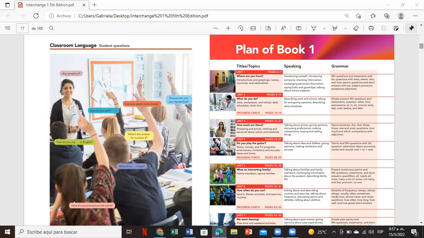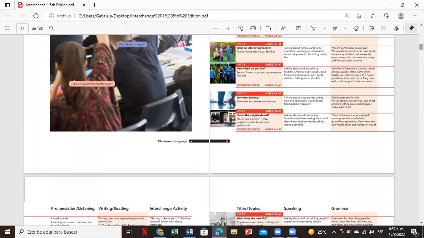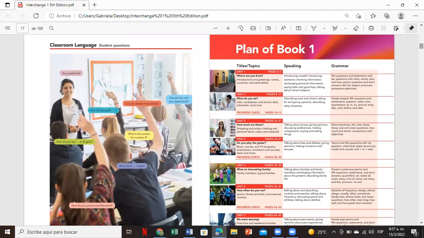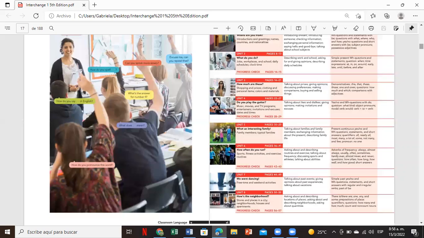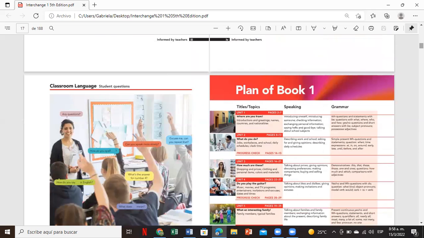I was studying this book, and maybe one of my pieces of advice to all of you is to journey the book into 10 units. Because if you journey your book into 5, it's going to be impossible to teach all the topics.